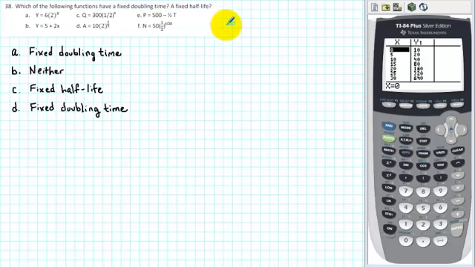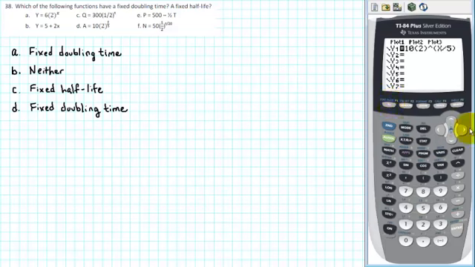In E, we're given the function p is equal to 500 minus 1/2 t. So go to y equals, enter the new function 500 minus 1/2 x. Go to table set, enter a table start of 0 and an increment of 1, and then go back to the table.